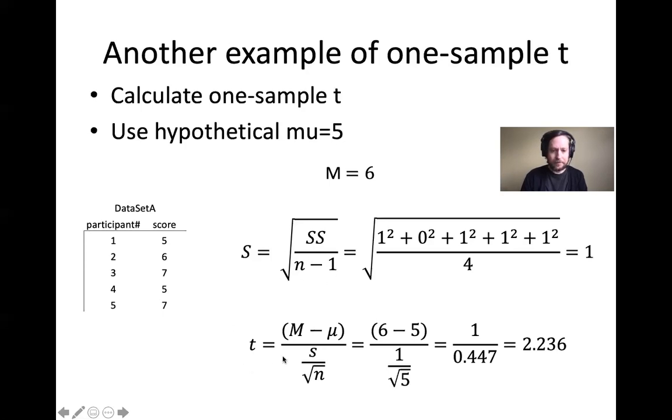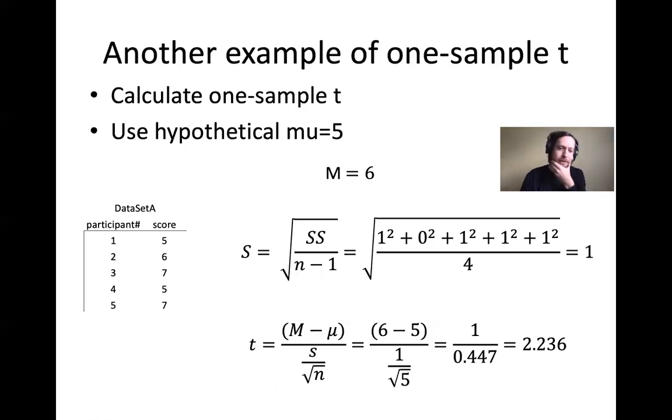And I'll point out, to avoid confusion, that whereas the sample standard deviation has n minus 1 in the denominator, here in this part of the t equation it is still just a straight up n. There's no minus 1 here. So it's not like everything is n minus 1 in the denominator for the t statistic. S has n minus 1 in the denominator. The sample standard deviation does. But t still has a regular old n in the denominator. So that's the one sample t-test.